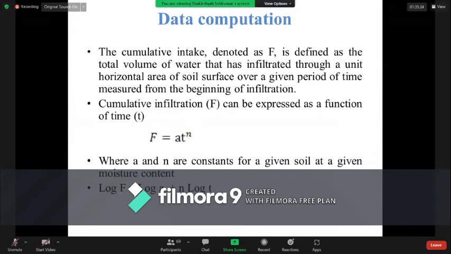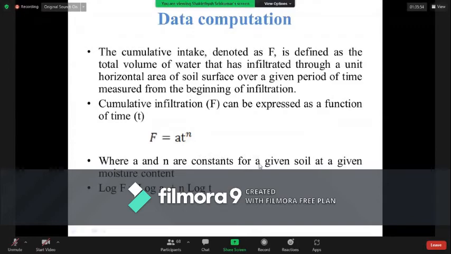The cumulative infiltration, denoted as F, can be expressed as a function of time. In the practical, we mark the time and how the infiltration changes with time, where A and n are constant for a given soil at a given moisture content.